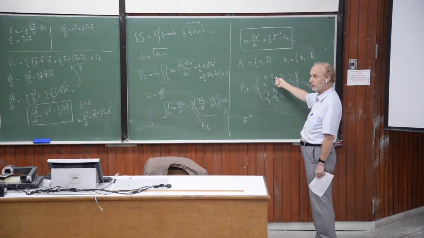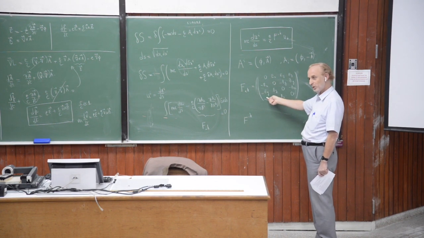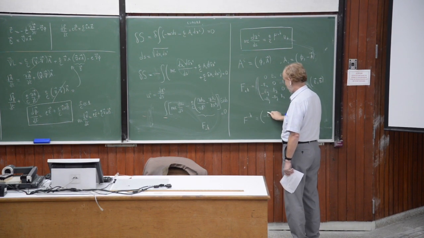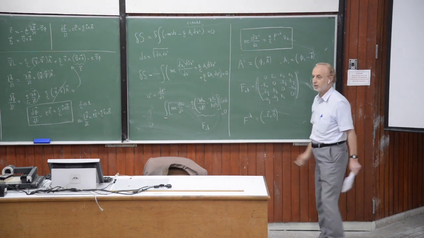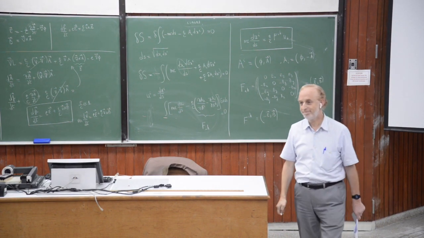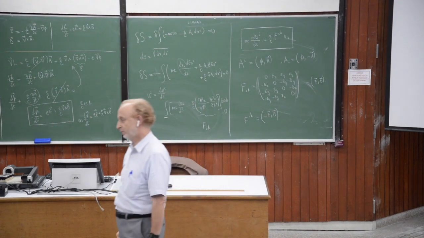Here I have 1 space, 1 time, it will change. Here I have 1 time, 1 space, it will change. So this is just minus E and B. And it's the same thing now with just these minus signs switched here, that's all. Okay? So that's my electromagnetic field tensor.